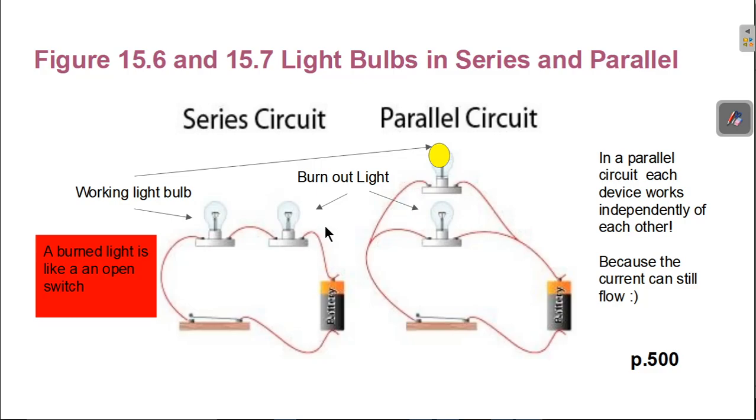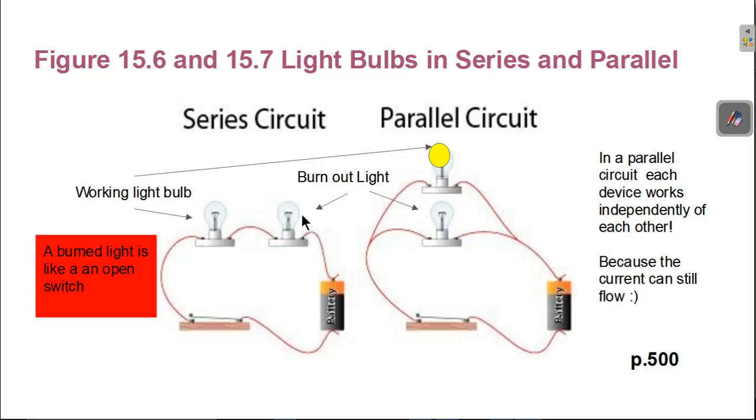And what happens when you have a burnout light is that having them in a parallel circuit is better, because it means that the flow is not cut. In a series format, when it reaches the burnout light, that burnout light is acting as an open switch.